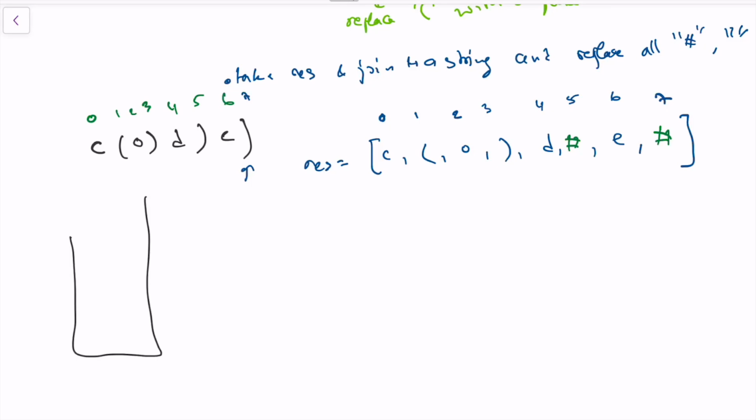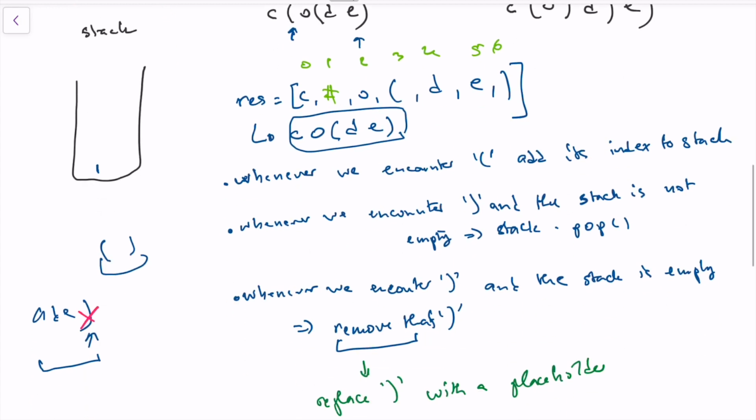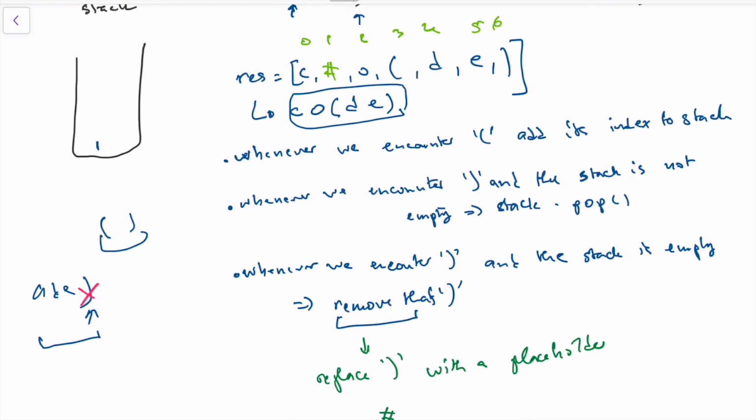And now at the end we just concatenate these and remove any occurrences of these. So now what we need to return is like this. O, D, we skip this, and then E, and we skip that. And this is the final result. And so you can see how this approach works. And we need to just follow the steps that we did here. So next I will code this up and see if it passes the test cases.